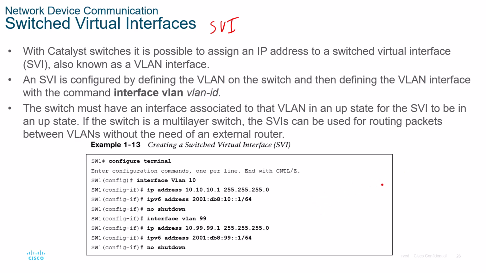You can assign an IP address, you can assign it an IPv6 address, and then you need to turn it on. This is done on the switch. That way, maybe you want connectivity to that switch by that switch virtual interface. Maybe you want a way to ping it, or maybe you want an IP address so that you could remotely configure it. Setting up the VLANs with an IP address allows for this management capability.